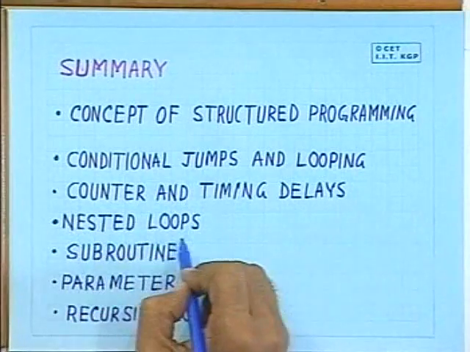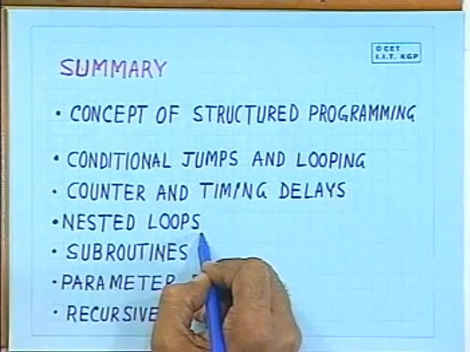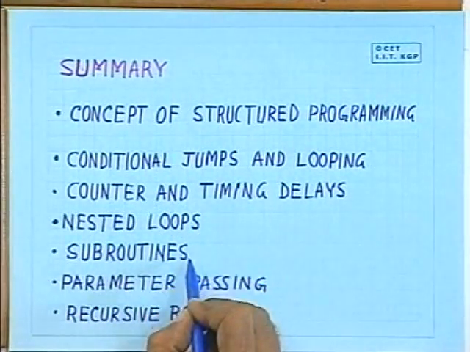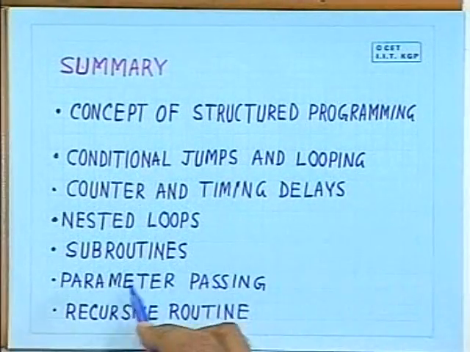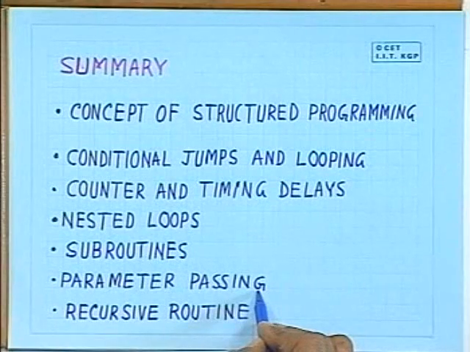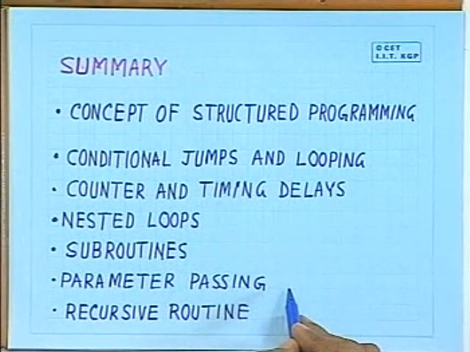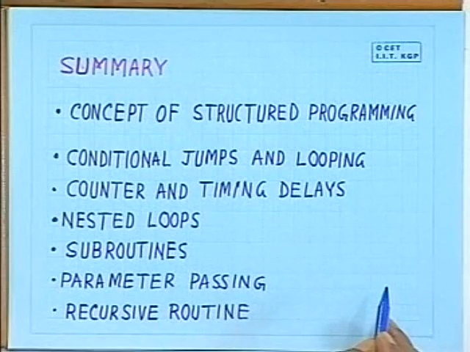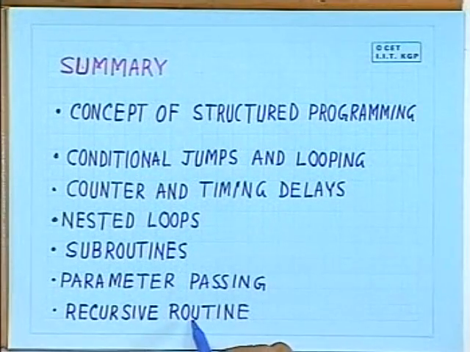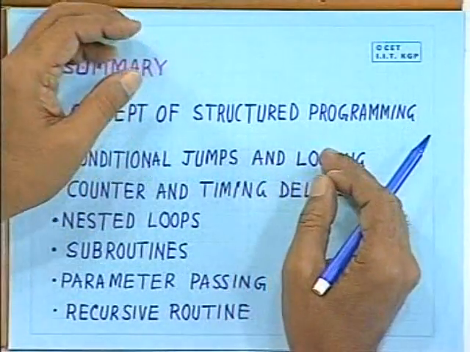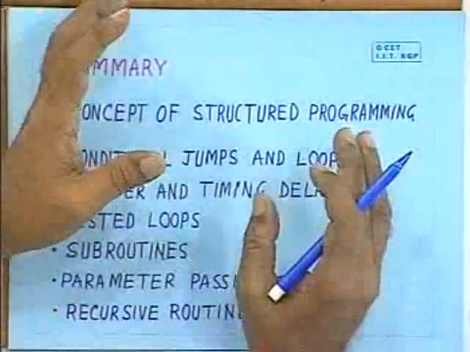We have also discussed how you can implement nested loops, and we have discussed how subroutines can be implemented, how you can do parameter passing by using registers, memory locations and stack, and also briefly we have discussed recursive subroutine. And with this we come to the end of our discussion on assembly language programming.